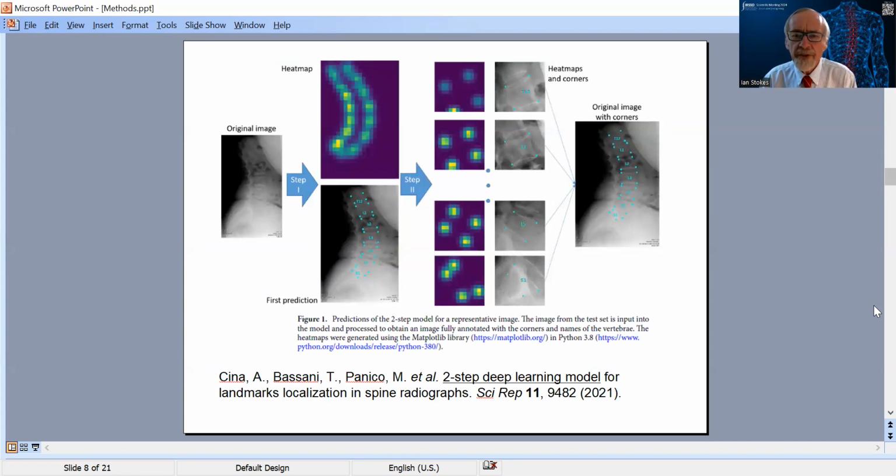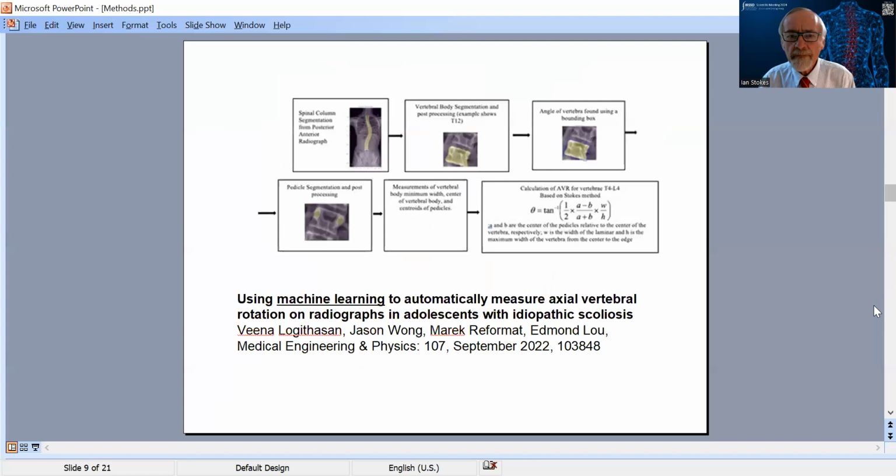I think the challenges are generally greater in frontal plane radiographs. And here, using machine learning to automatically measure axial rotation of vertebrae in radiographs of adolescents with idiopathic scoliosis.